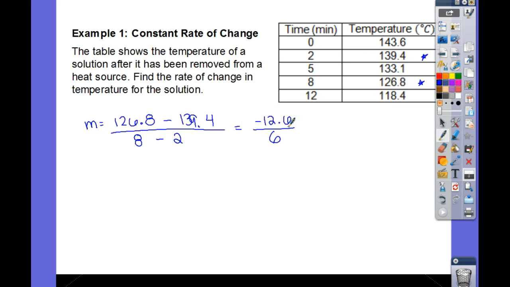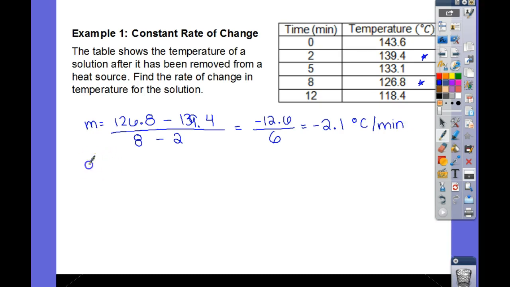So if I divide that by 6, I get negative 2.1. So what that means is the temperature is decreasing by 2.1 degrees Celsius per minute.